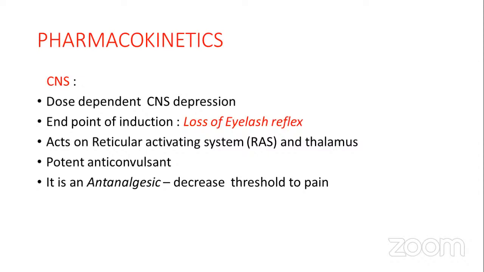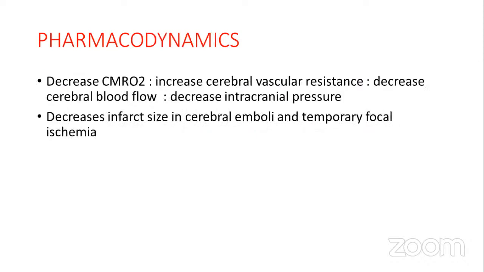Coming to pharmacodynamics. In the CNS, dose dependent CNS depression occurs, and we check its effect by loss of eyelash reflex. It acts on the reticular activating system and thalamus, and it can be used as an anticonvulsant agent. It has anti-analgesic property, and it decreases cerebral metabolic rate of oxygen, thereby cerebral vascular resistance, thereby cerebral blood flow, and decreases intracranial pressure.